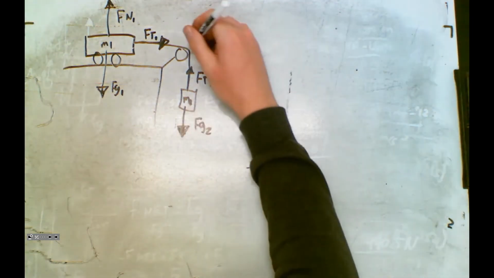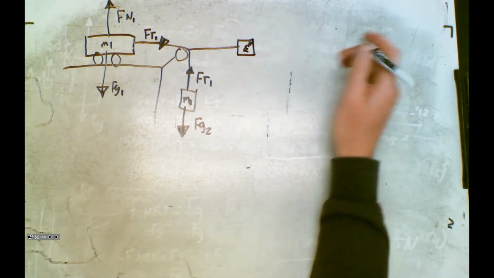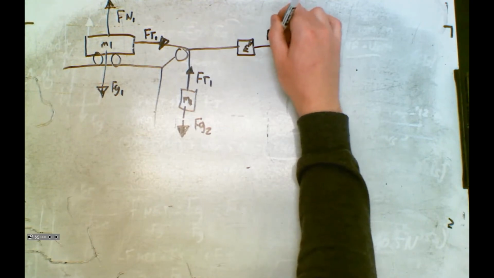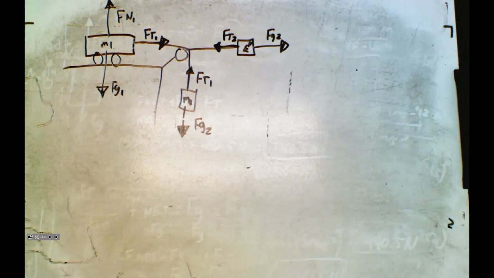So what we're going to do is take this and just lift it up there. So it's like mass 2 like that. When I do that, this force of gravity 2 and this force of tension 2, you can see how they sort of stay in the same direction.